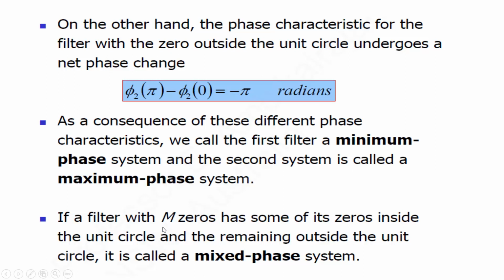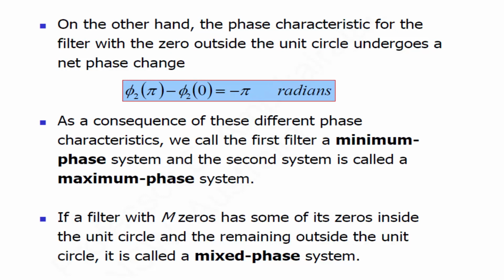And when out of m zeros, some zeros are inside the unit circle, and some zeros lie outside the unit circle, this will represent a mixed phase system. Okay, so I think the point is very clear about the minimum, maximum, and mixed phase system about the zeros.